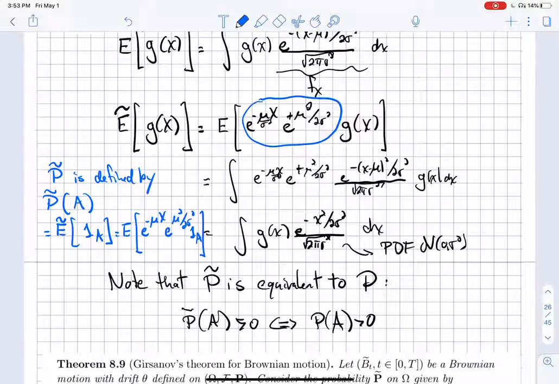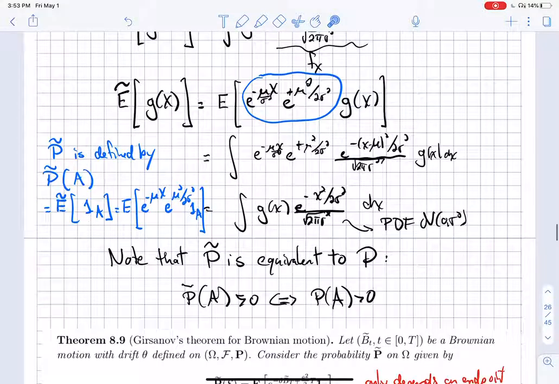Okay? Now, how do I know that this is a probability? Well, if I take 1 here, so the probability of everything, if I take this expectation, it is actually 1.